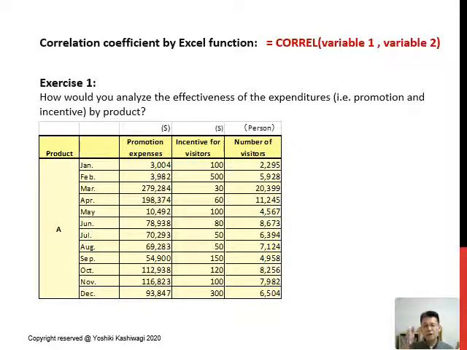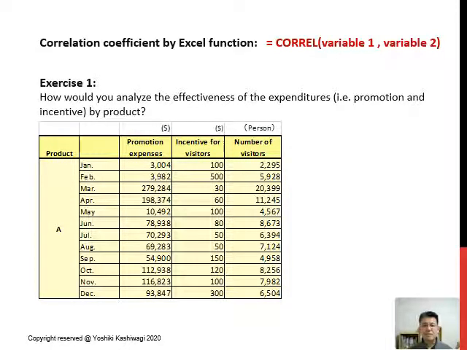So if you look at the column on the right hand side, that is the result of the two activities, promotion and incentive. So you can say two activities and one result, which is the number of visitors. And you have to investigate and justify whether those two activities are positive and effective to invite more visitors.